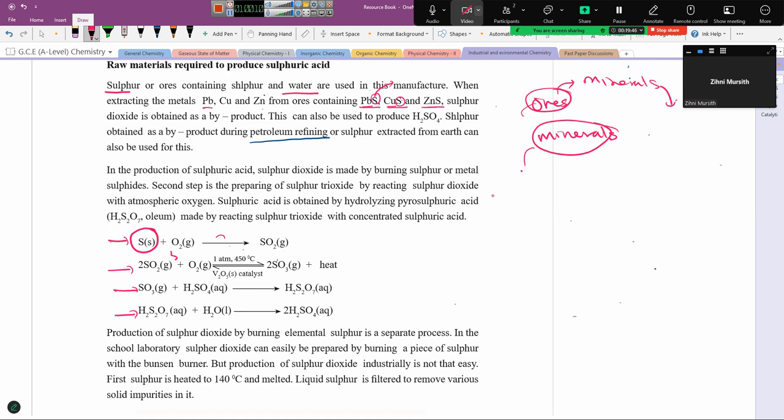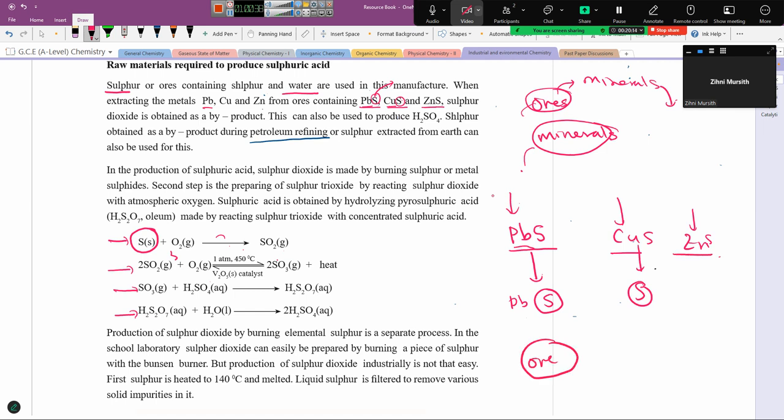After extracting lead sulfide, again you have to split it into lead and sulfur, since the ores are contaminated with sulfide.